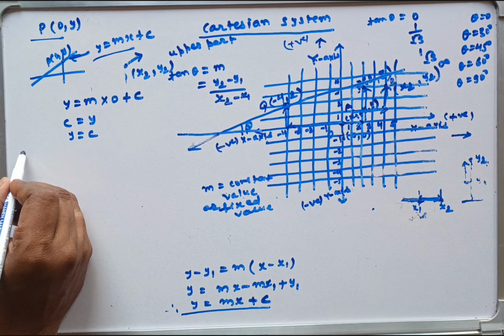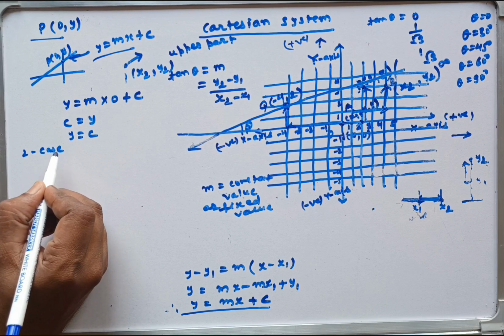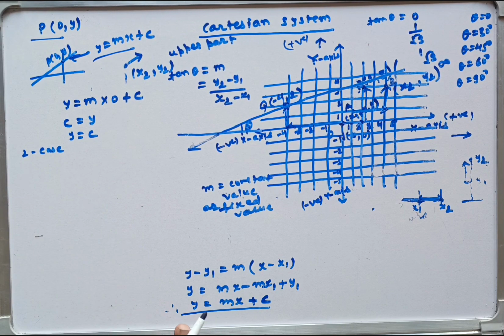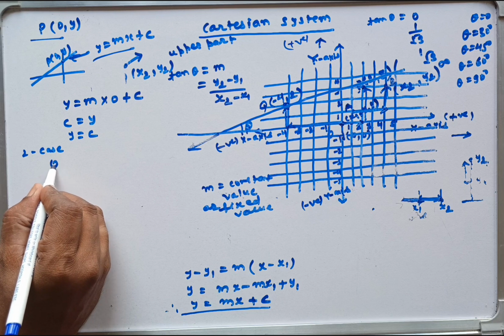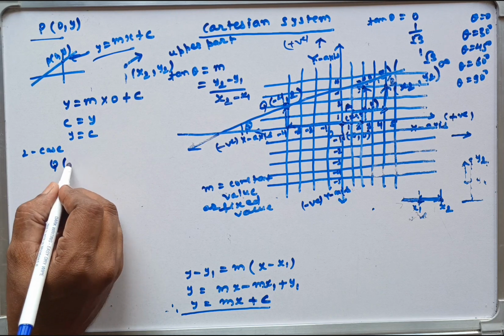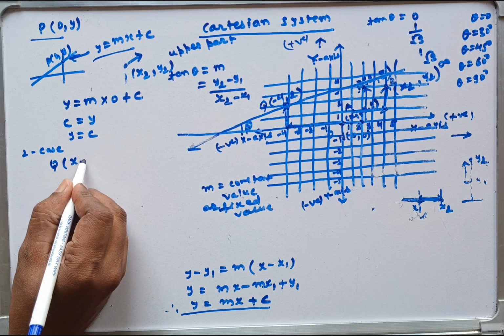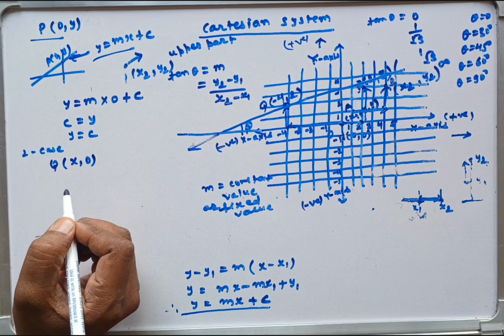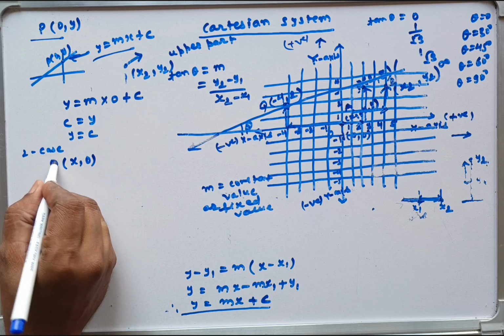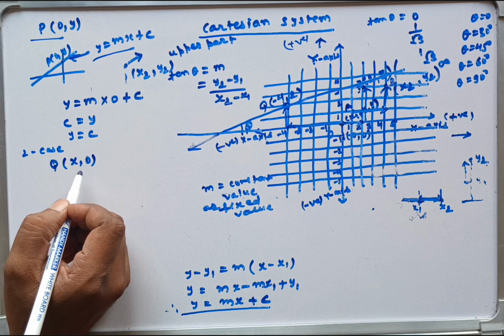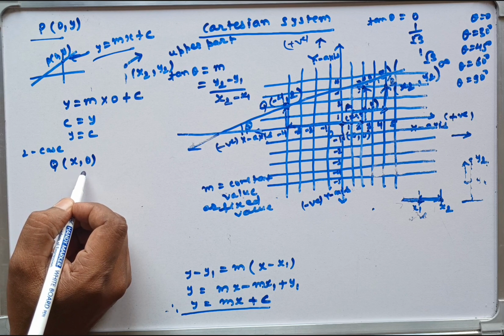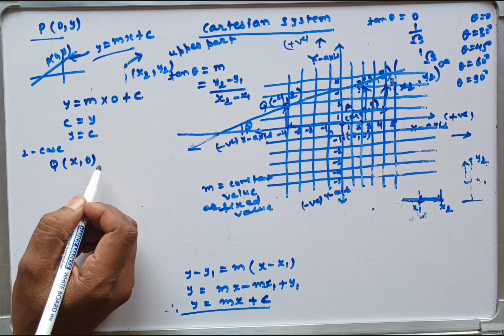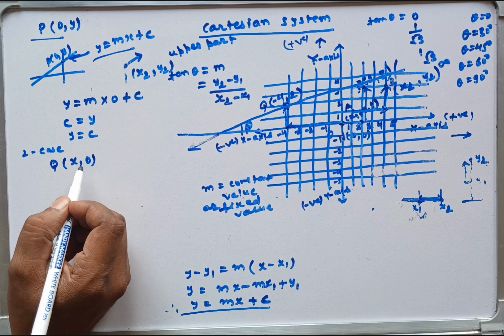Second case, where this line cuts the x axis. At that time, consider it cuts at point (x, 0), because we are not moving any steps in the vertical direction, so the y coordinate will be 0.